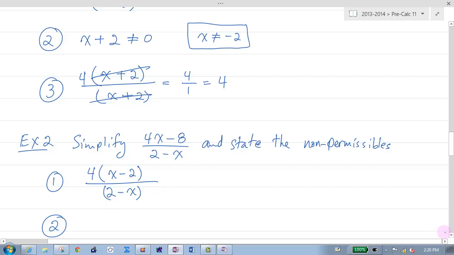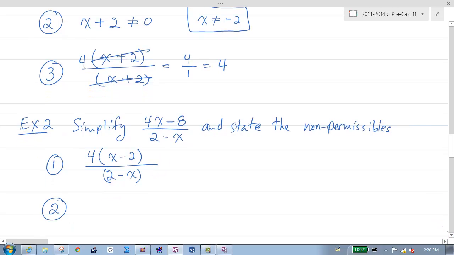You go, okay, we want to state the non-permissible values. You go, okay, 2 minus x cannot be equal to 0. Solve it just like any old equation. Then you get x cannot be equal to +2. That's the non-permissible value. We've stated it.